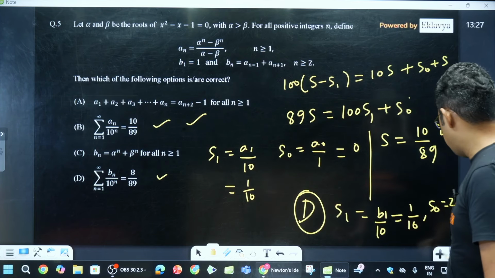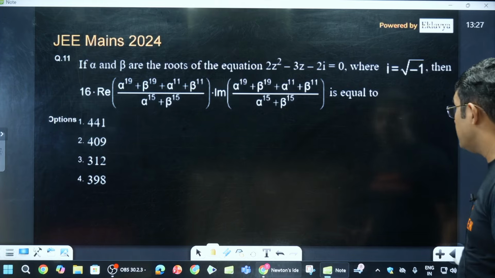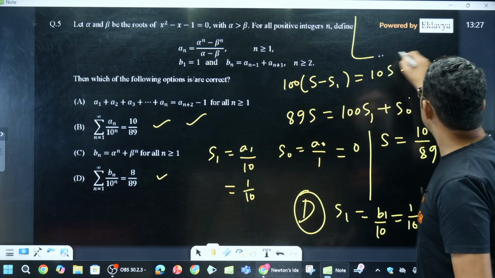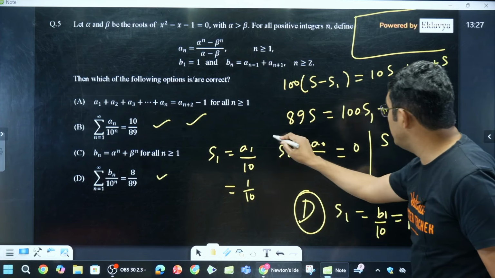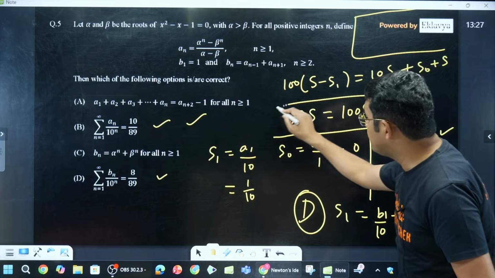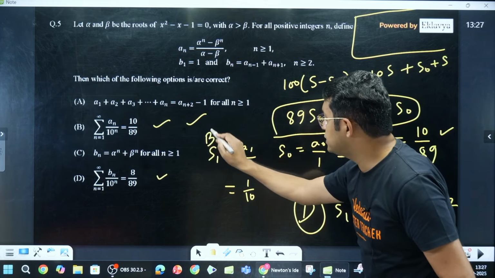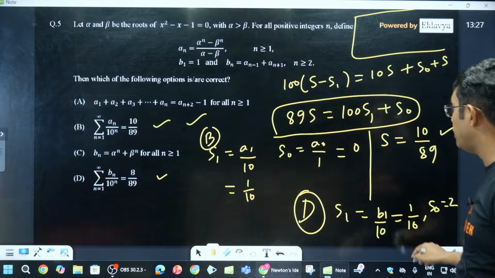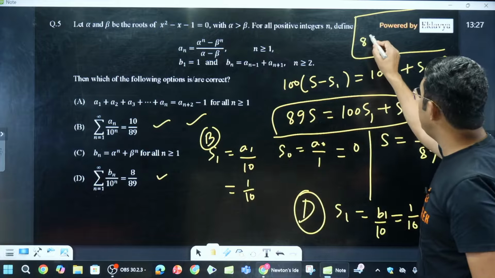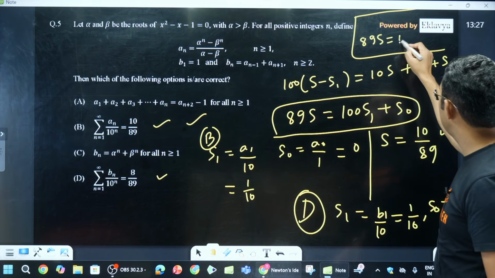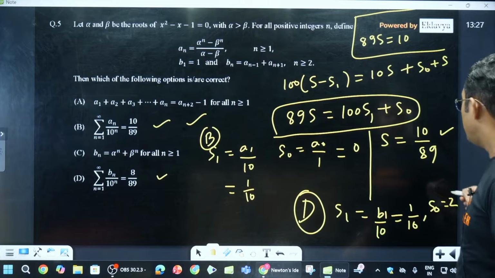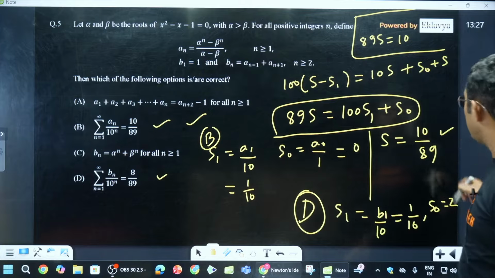So here the sum will be, let me do this calculation here, just a small part is required. Up to this point all the calculations were the same. This was for the B part, this is for the D part. Here it will be 89S equal to 100 S1, which is 10, plus S0, which is 2.